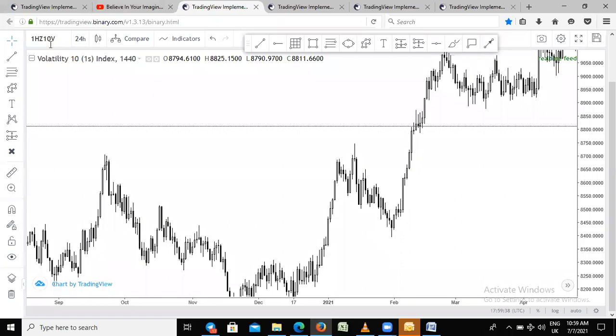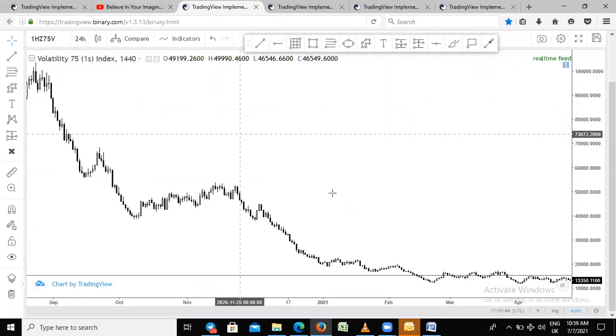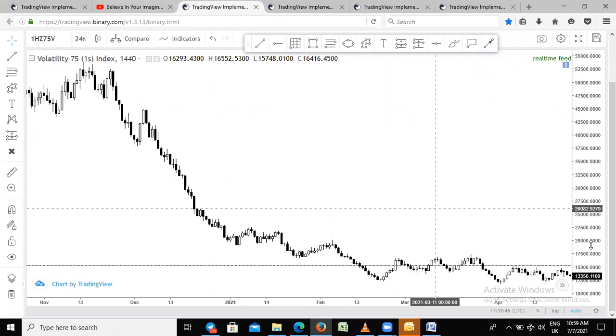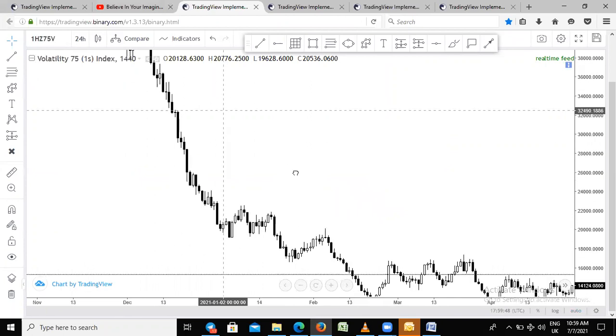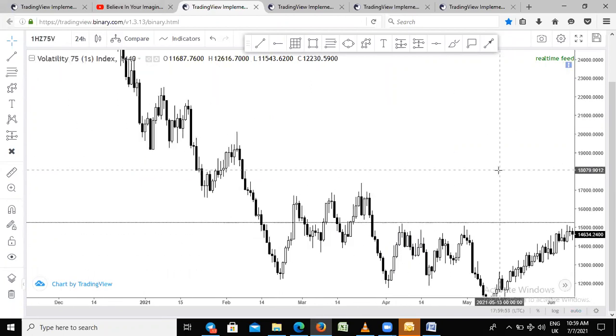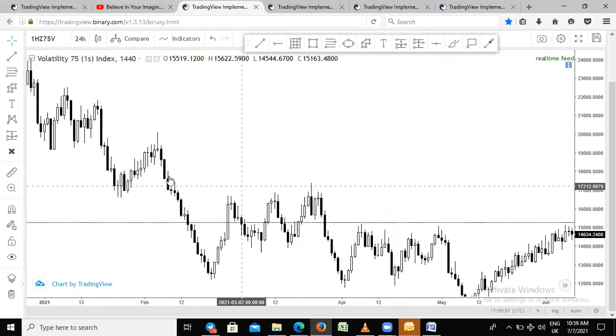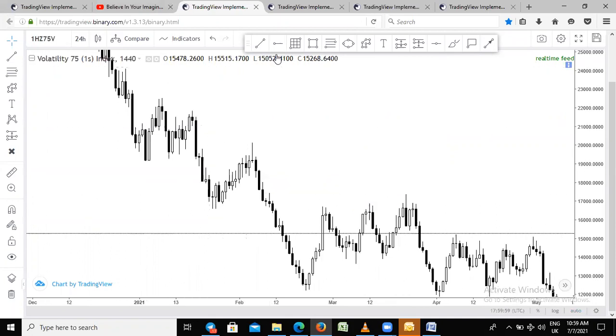Okay, somebody said volatility 75 1x. Let's go there. This market is the opposite of volatility 75. Whereas that one likes bullishness, this one likes bearishness. Look at this. Let's start from here. This was the lower low, lower high, right?